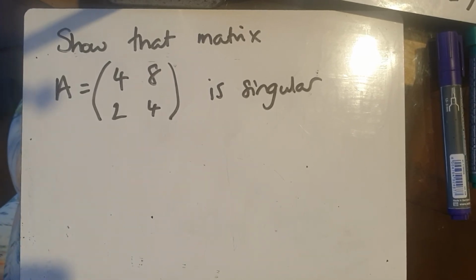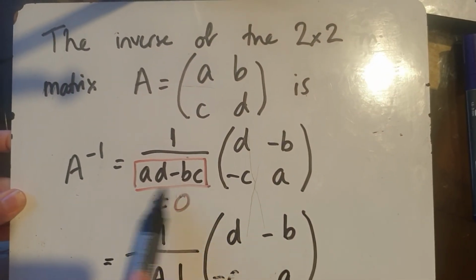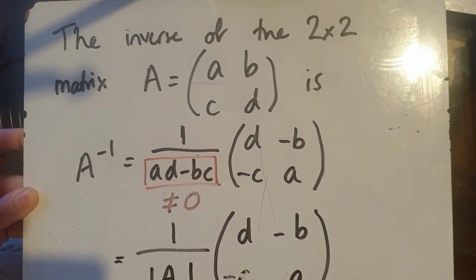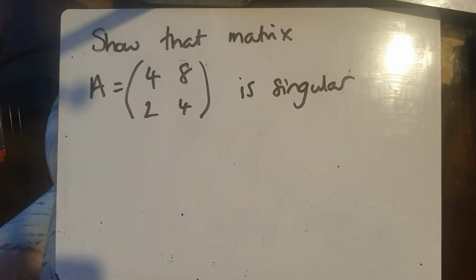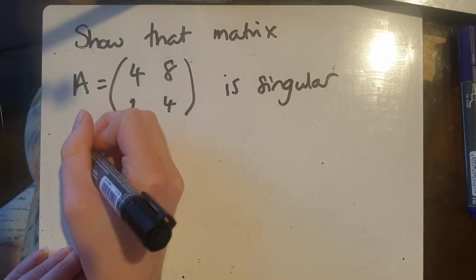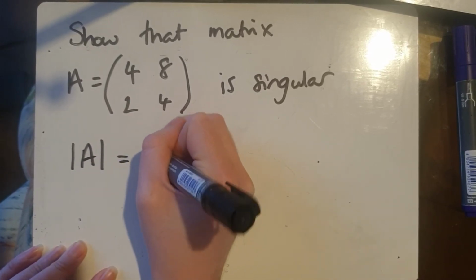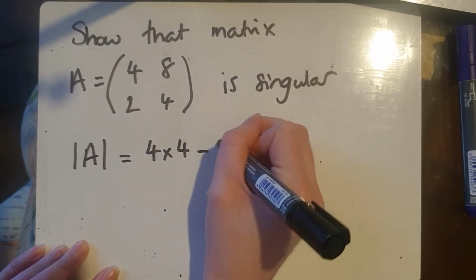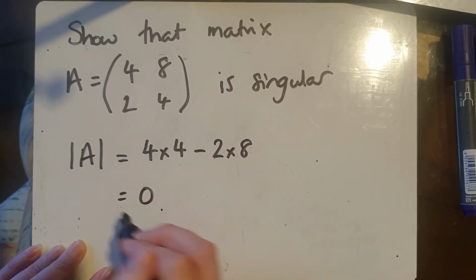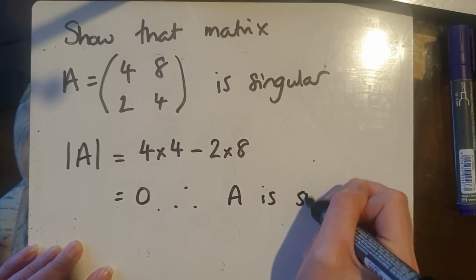It will only have no inverse if the determinant is 0, because to find the inverse we'd then be doing 1 over 0, which, as you know, breaks maths. So to show that a matrix is singular, we have to show it has no inverse. Because the determinant is 0, A is singular.